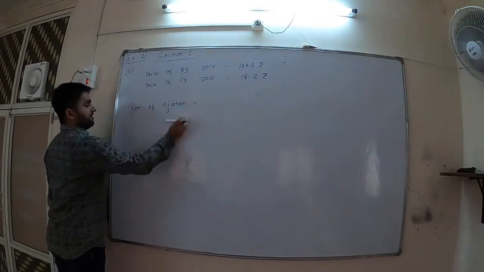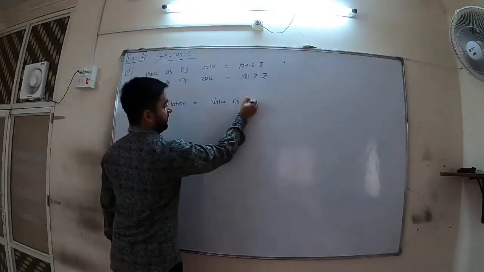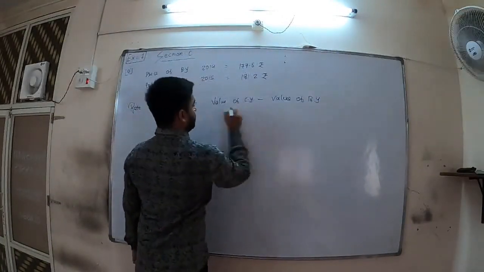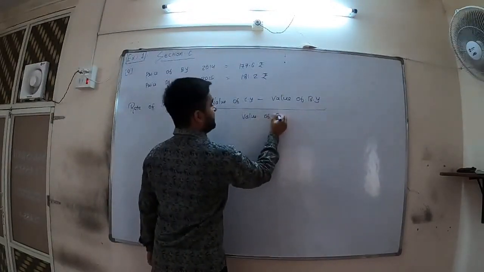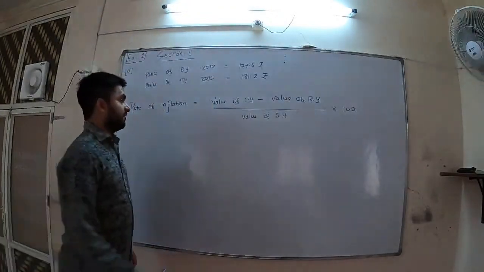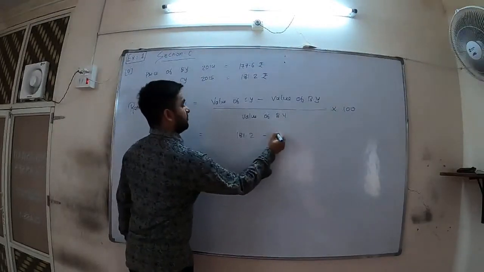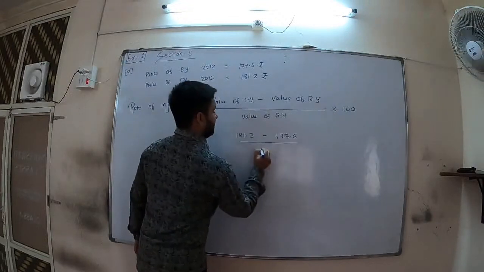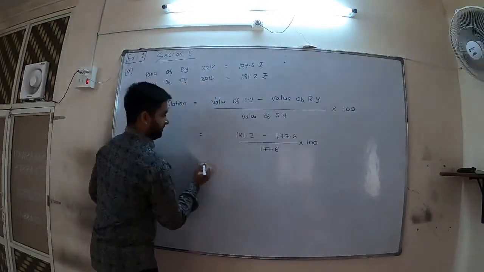Rate of inflation is equal to value of current year minus value of base year divide by value of base year multiply 100. Okay. 181.2 minus 177.6 divide 177.6 multiply 100.